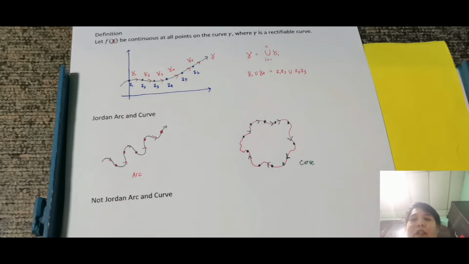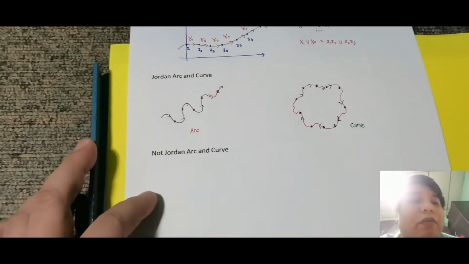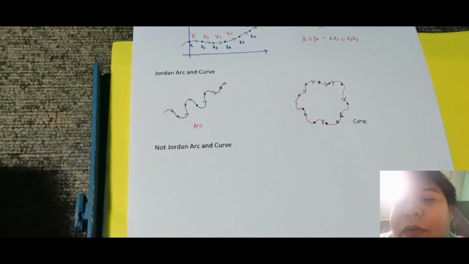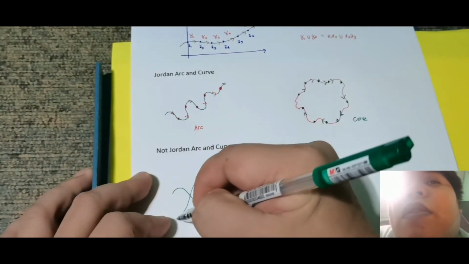Okay, next is, what is the example of not Jordan arc saka Jordan curve? Ano yung magiging example natin pag ganun? So, masasabi mong hindi sila Jordan arc or curve pag nagkaroon ng intersection yung line o yung mismong curve. So, meaning, yung hindi example nito, example na drawing, assuming ito, okay, ganyan.